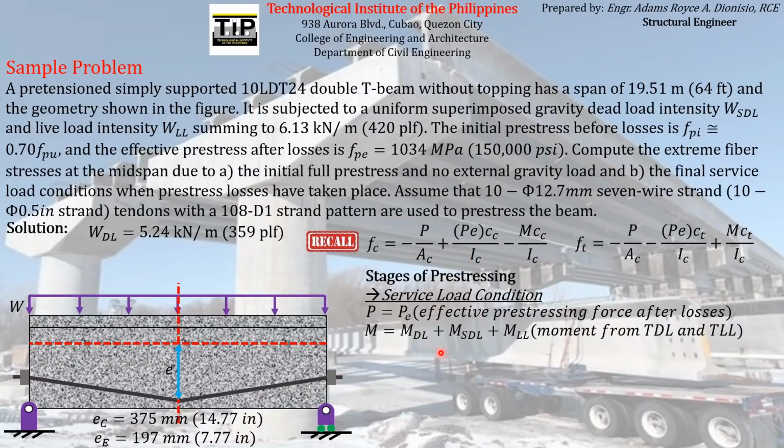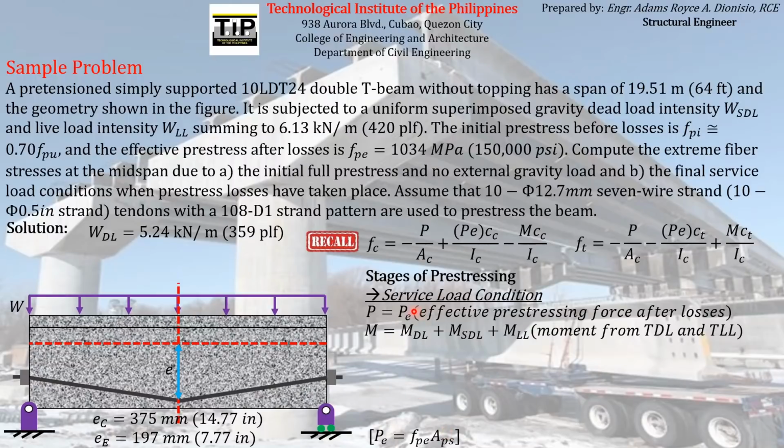So now, without further ado, let's compute first the magnitude of PE. Same method as how we computed the initial pre-stress force, the PI. We will just recall again the relationship between stress, force, and cross-sectional area. According to mechanics of deformable bodies, stress is equal to force over area, or in terms of force, force is equal to stress times the cross-sectional area.